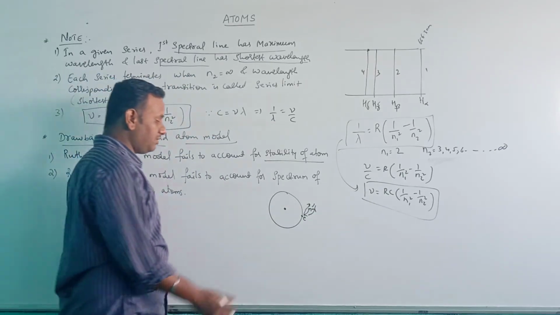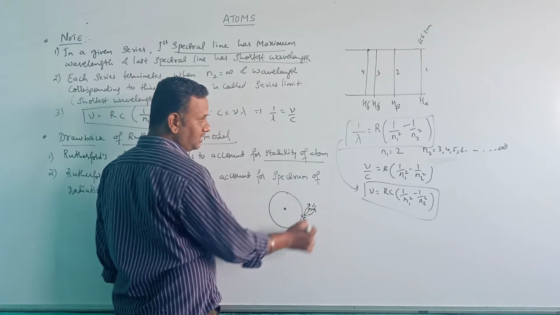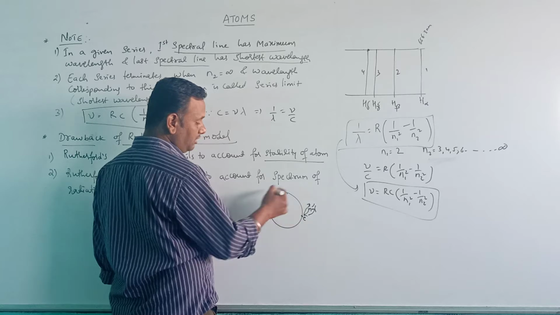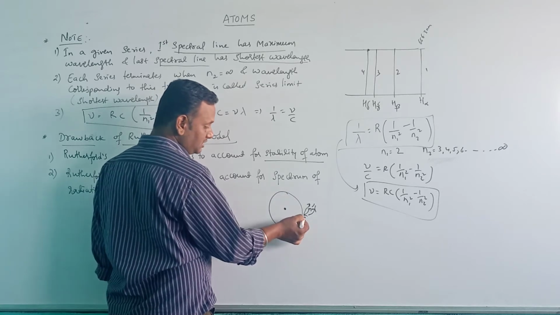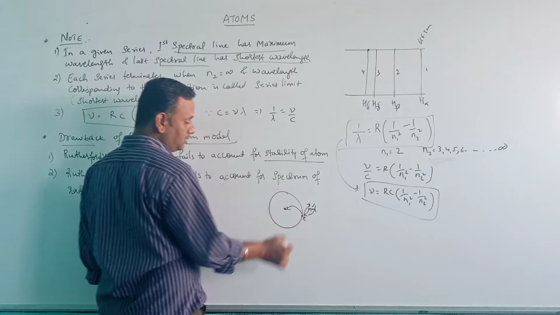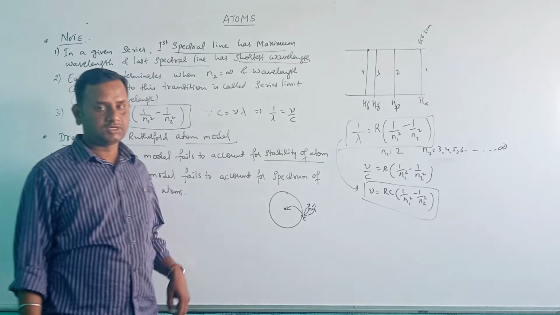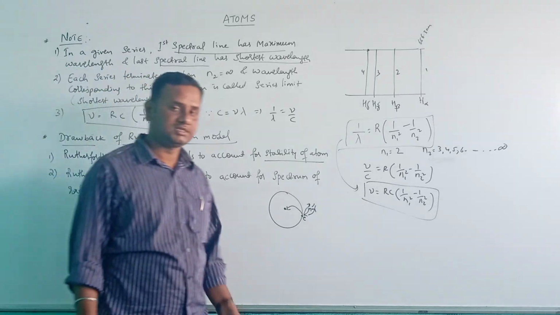Simultaneously, when it radiates its energy while revolving around the nucleus, this electron may fall towards the nucleus, because slowly it decreases its energy.